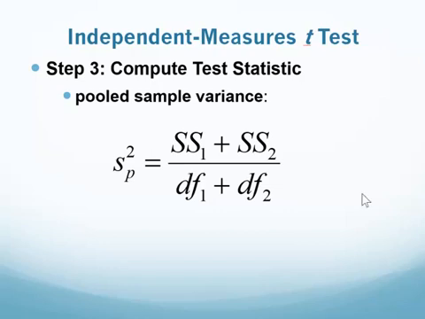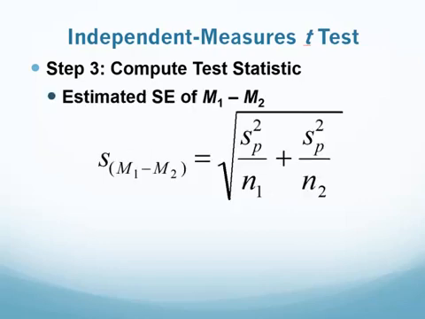Once we know this pooled variance, we can plug that into the estimated standard error equation for the independent samples t-test. And that's this little monster right here. Again, it's not as bad as it looks.